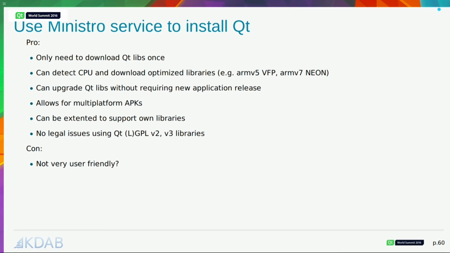It allows multi-platform APKs. Because your application binary is small, not 50 megabytes or so, you can put all the platforms in a single APK, and with a single APK you can target ARM5, ARMv7, x86, and so on.